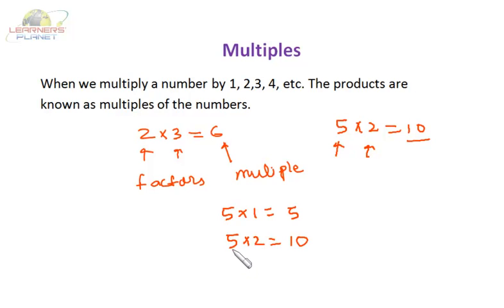That means 5 and 2 are the factors of 10, and 10 is a multiple of 5 and 2. Similarly, 5 into 3 is 15. So 5 and 3 are the factors of 15, and 15 is a multiple of 5 and 3 as well. So are you clear about the definition of multiples?